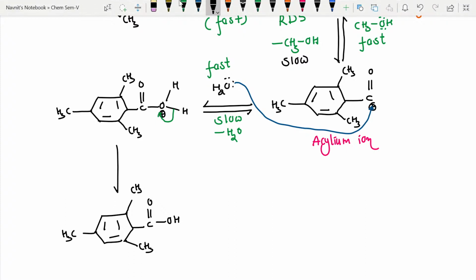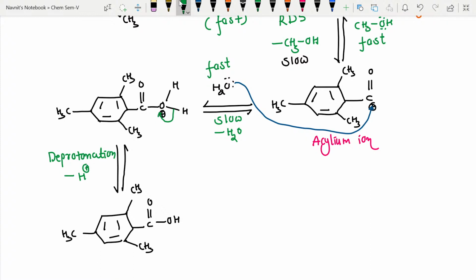So in the backward step, what happened? Protonation. So this is a forward step. In the backward step, this OH gets protonated, and we get this step. So the forward step is a deprotonation, meaning elimination of H plus.